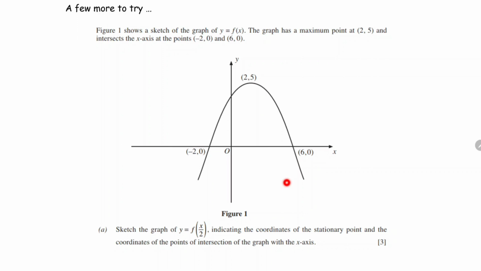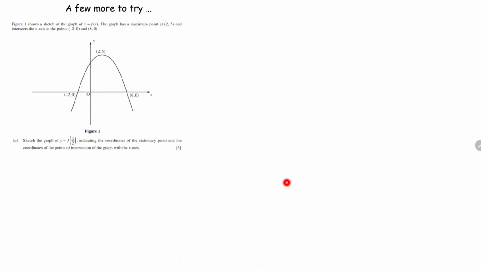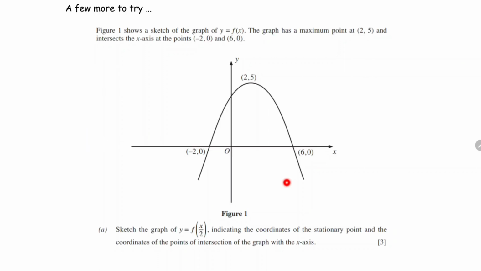Right. Pause the video and try this one very quickly. So hopefully you've had a chance to look at this question. I'm actually going to adapt this question on the original graph. We've got the scale factor of x over 2 again. So a is half. So the stretch is going to be 1 over half, which again is 2.